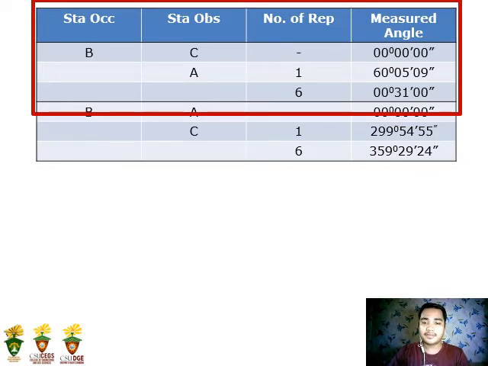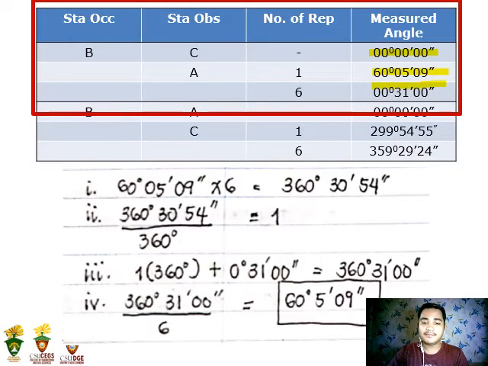We have number of repetitions, 1 and 6, and the initial reading is 0 degrees, 0 minutes, 0 seconds, and our first reading is 60, 05, 09, and the sixth reading is 31 minutes. To solve, we go back to the formula: the first reading times the number of repetitions, which is 6, is equal to 360 degrees, 30 minutes, and 54 seconds.